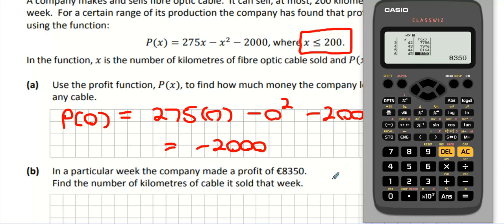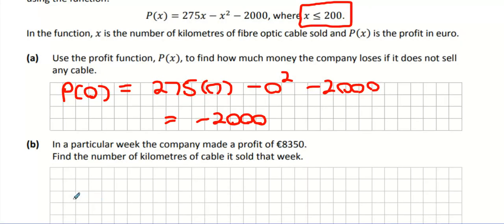45 gives 8,350. Now, how would you dress that up to look like you made an effort? You'd say P40, or any number you want that's not 45 but is pretty close to 45. Do you get what I'm saying? You're giving the illusion that you did trial and error.